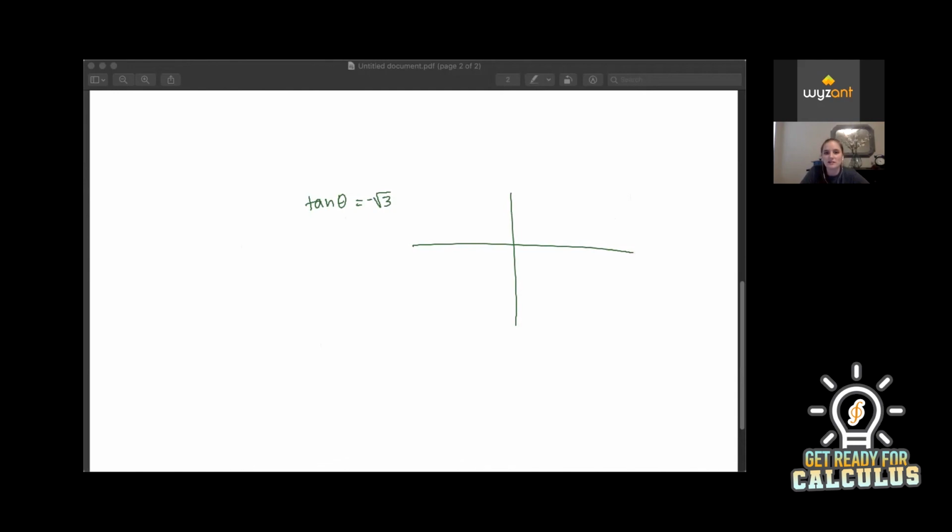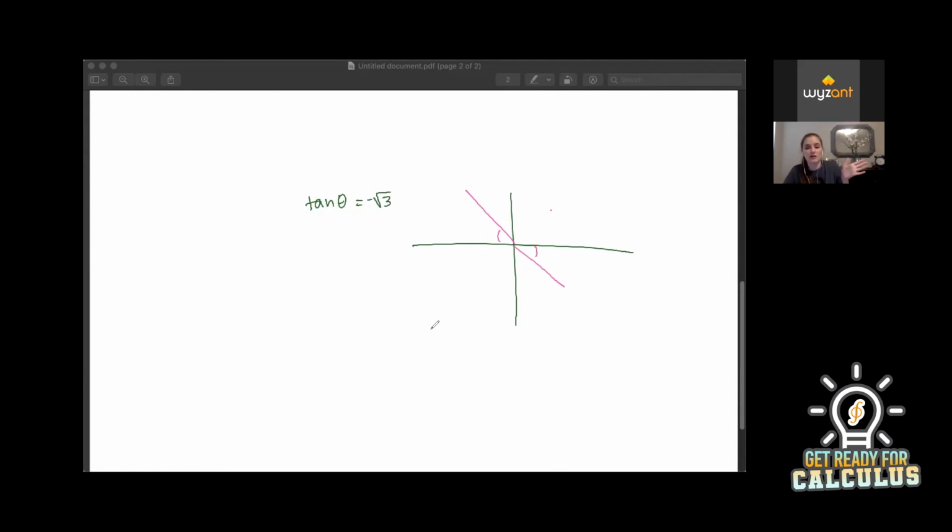If tangent is negative, that means we're in a quadrant where sine and cosine have different signs. They have the same sign here. They would have different signs here. We know tangent's positive here because they are both negative, or it could be this side.